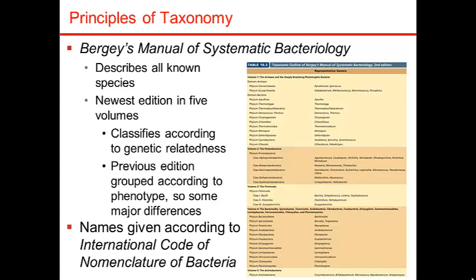Bergey's Manual of Systematic Bacteriology is the main resource for determining the identity of bacteria species, utilizing every characterizing aspect.